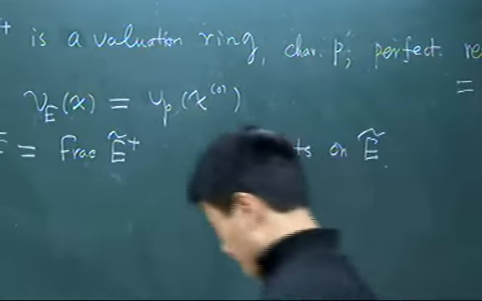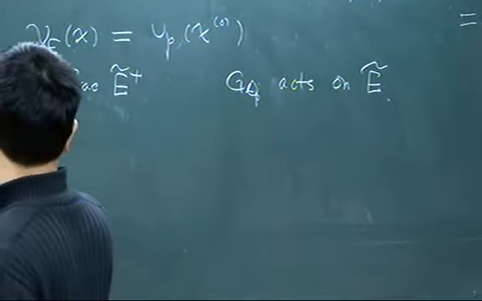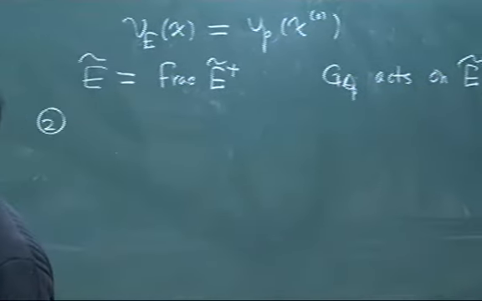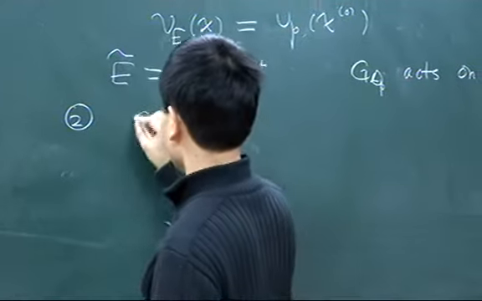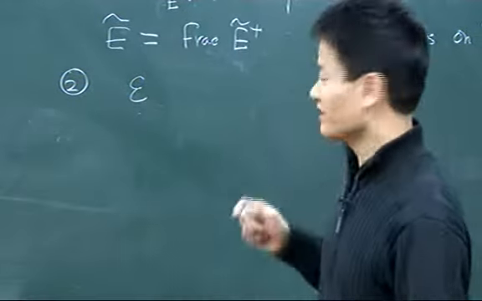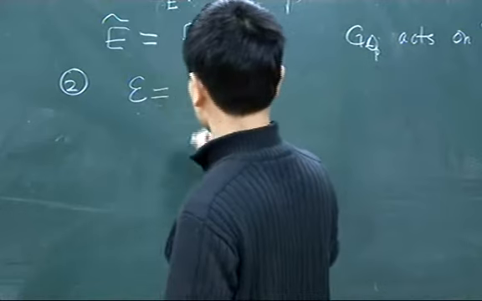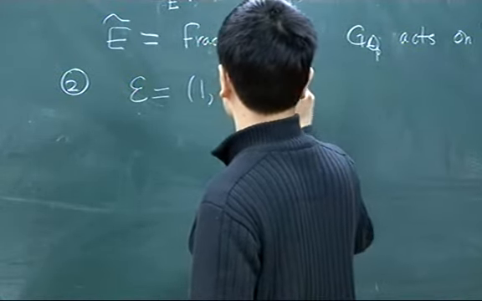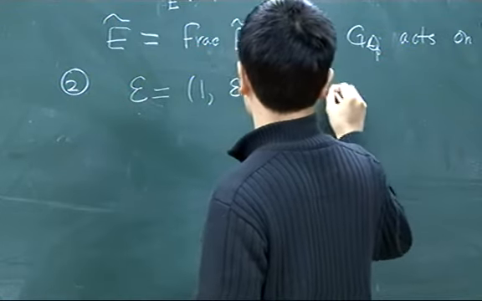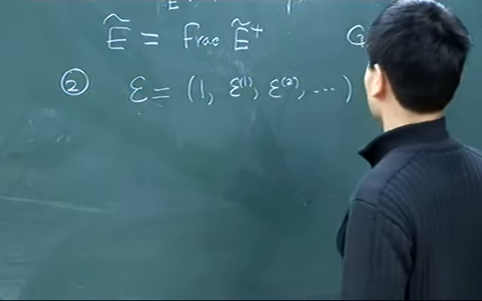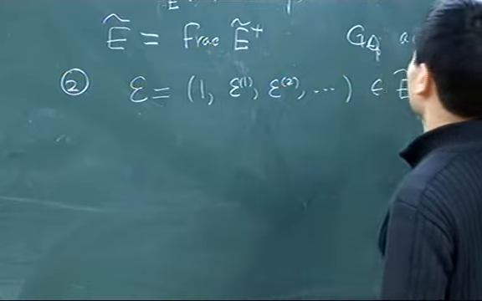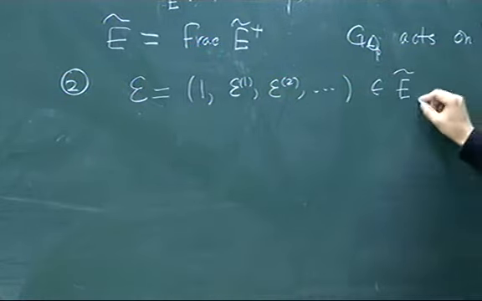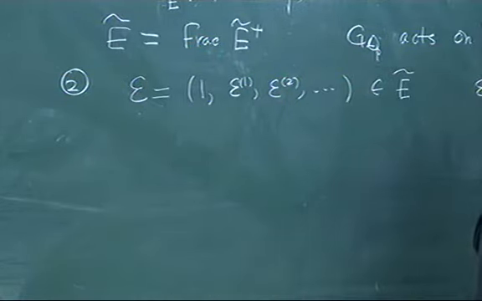First we have this ring. Second, we have two elements. One is epsilon, which is (1, epsilon_1, epsilon_2, ...), contained in E tilde. We want this to be not 1.